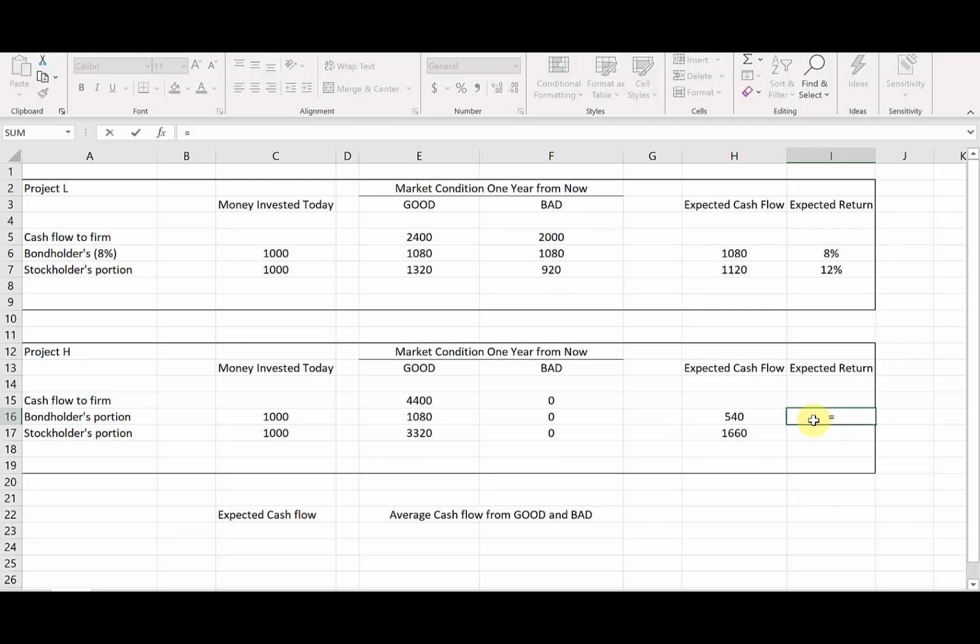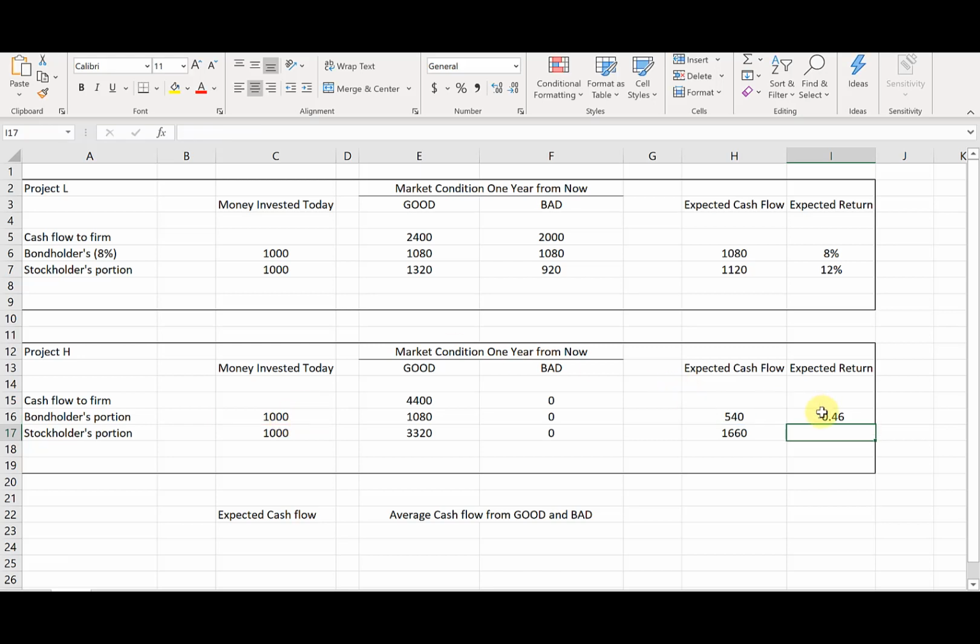Next, let's calculate the expected return. Remember, the expected return is the difference between the expected cash flow minus initial investment, divided by initial investment.